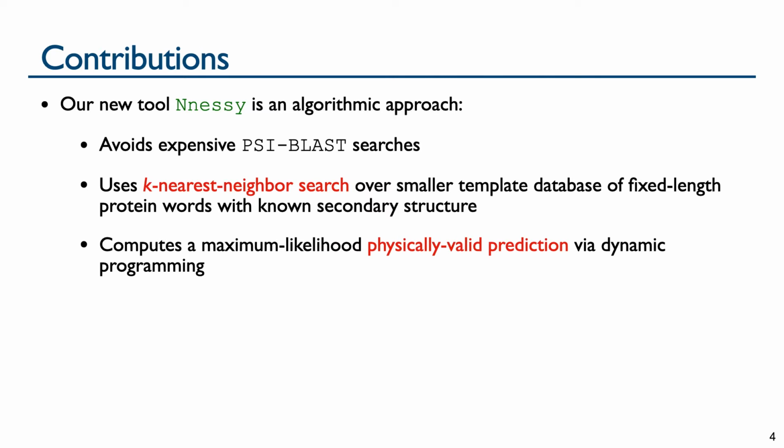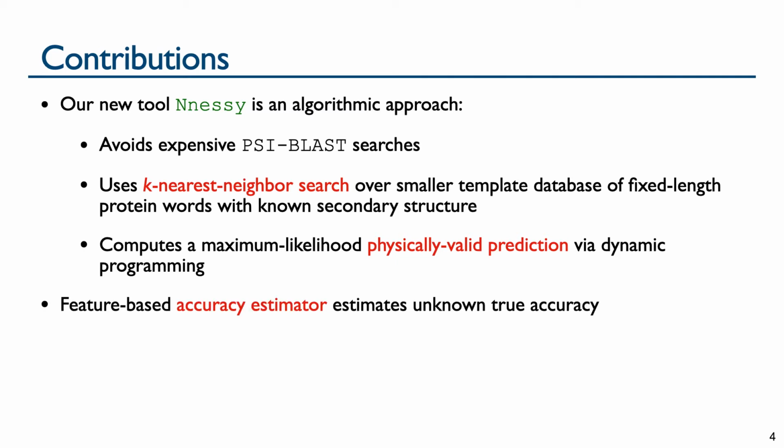Nnessy also computes a maximum likelihood physically valid prediction via dynamic programming, where the dynamic programming satisfies minimum run lengths, even for the 8-state model, and also runs in linear time and is easily adapted to other tools. Instead of outputting confidences, Nnessy uses a feature-based accuracy estimator that takes a feature of the prediction process and estimates the unknown true accuracy of its prediction.